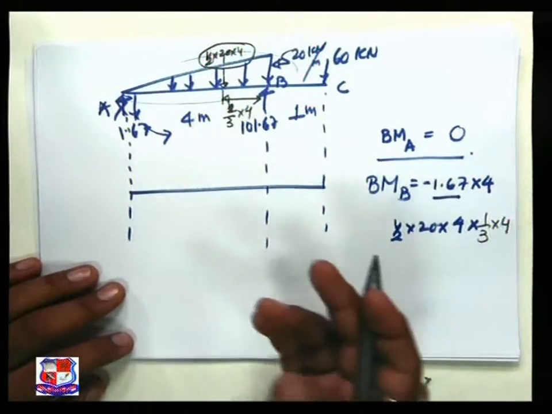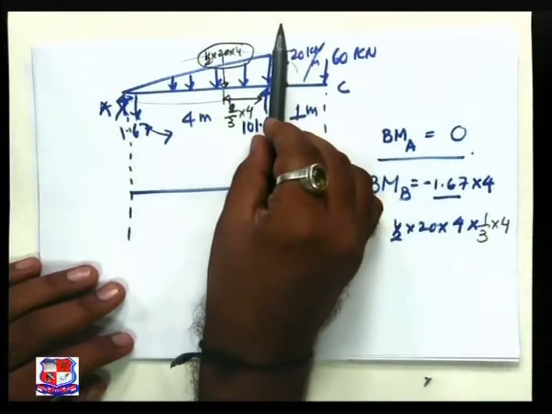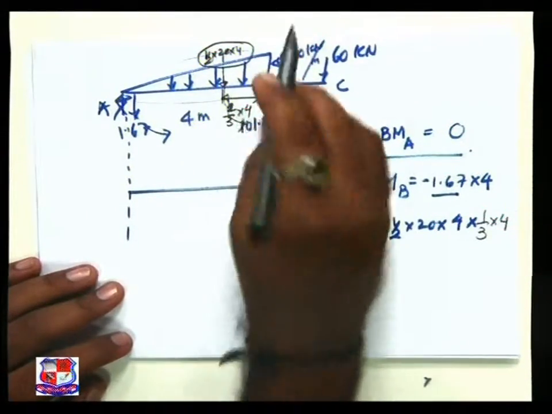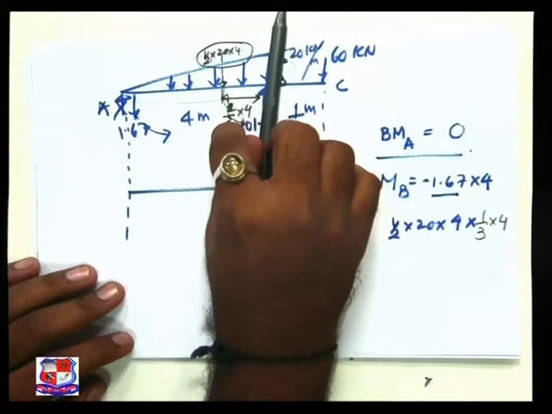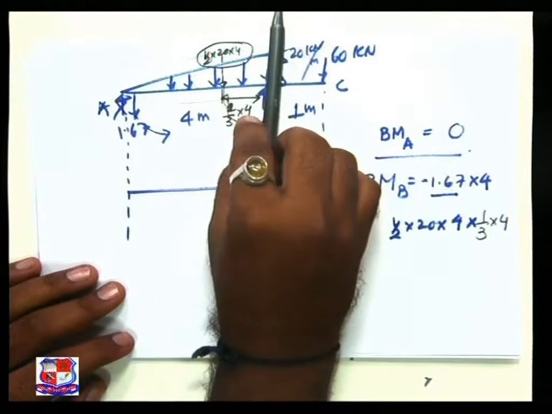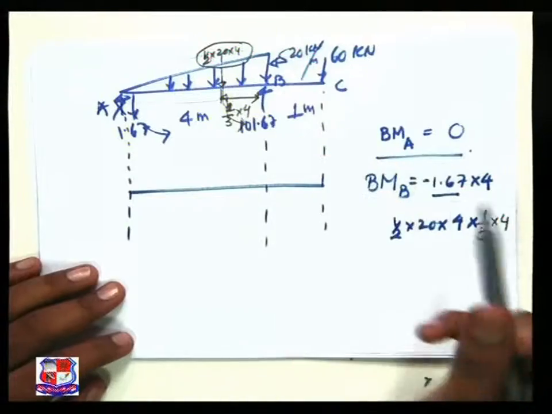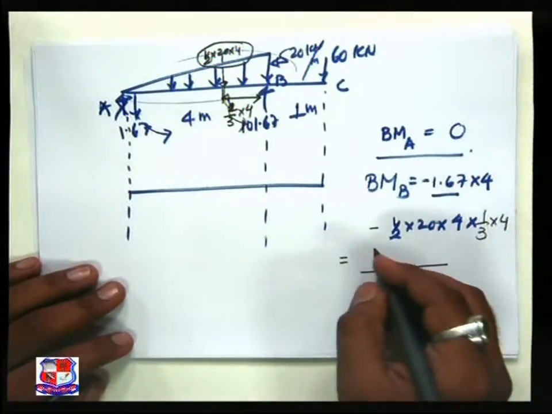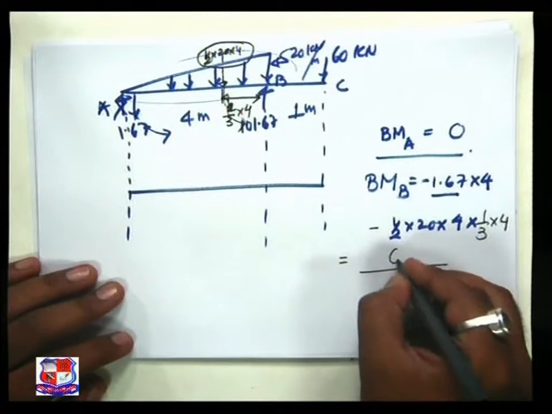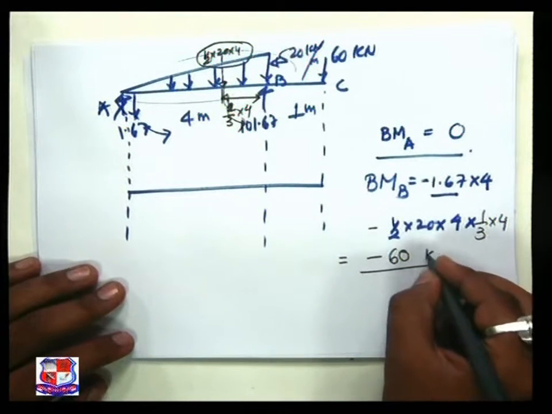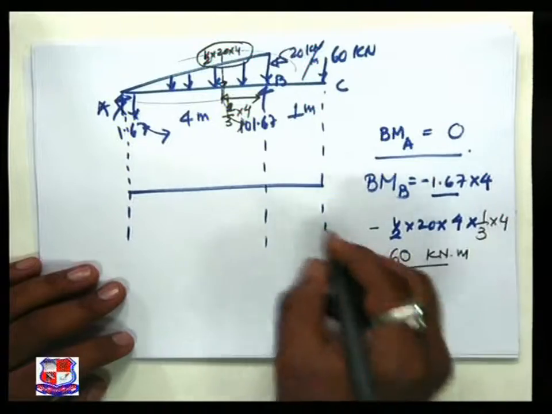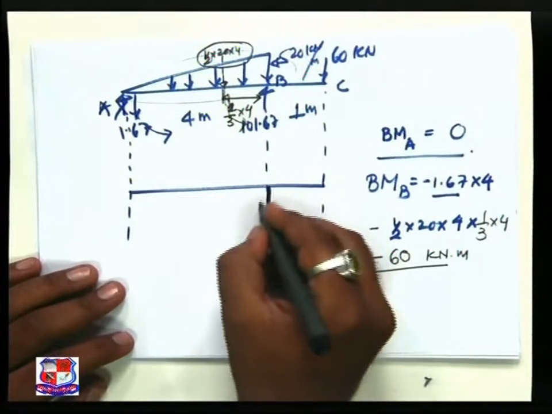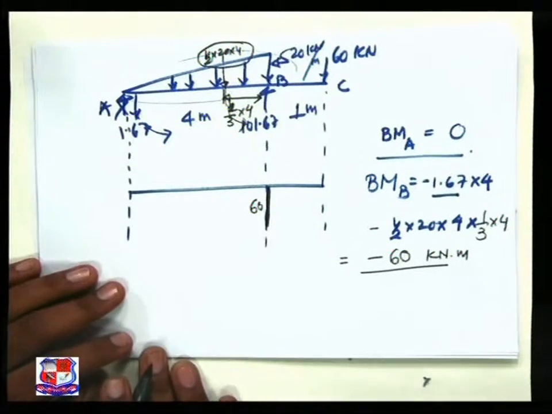Now about the sign convention, this is the section, this is the force, section left, anti-clockwise, hogging nature, negative sign. Solve this one and we get the value 60, negative sign, kilonewton meter.